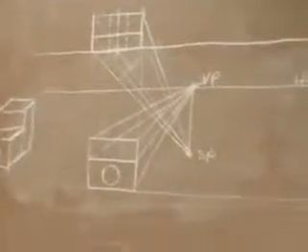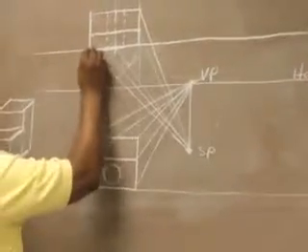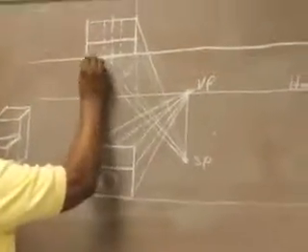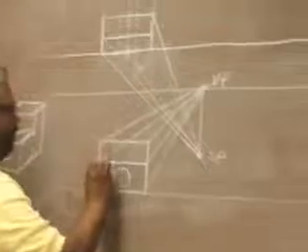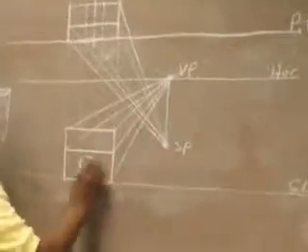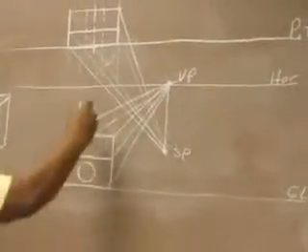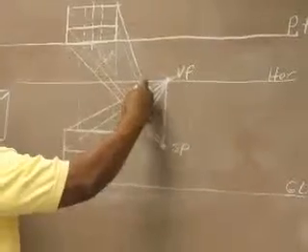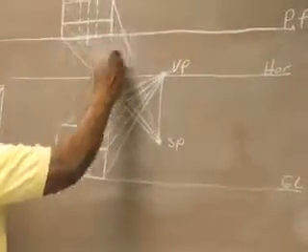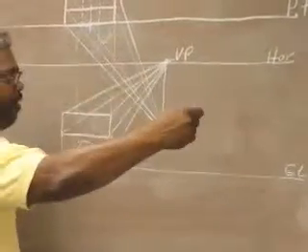Now, this is my picture plane, so this portion of my object is true shape, true size. Anything that goes back from that picture plane is going to be smaller. It gets smaller and smaller.